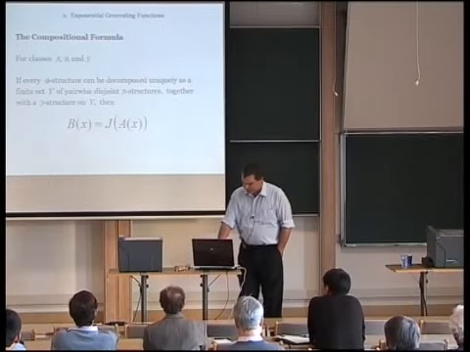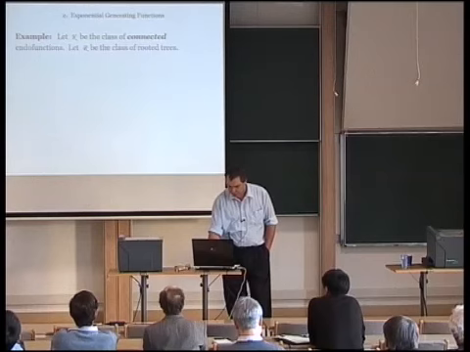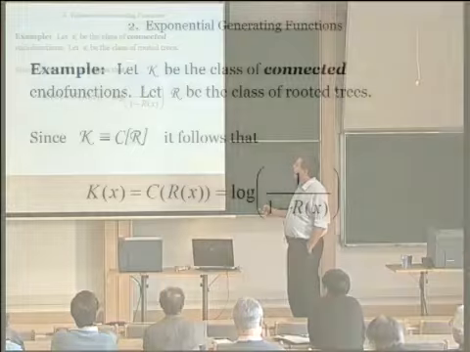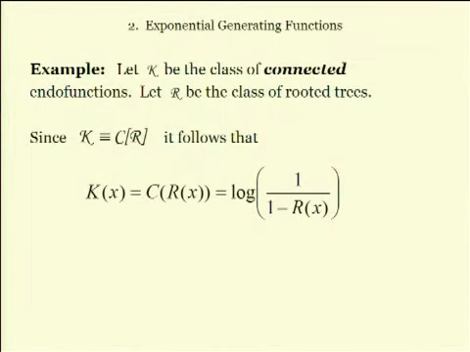And this was the relation between rooted trees and connected endofunctions. If K is the class of connected endofunctions and R is the class of rooted trees, a connected endofunction is equivalent to a cyclic permutation of rooted trees. And so you get this equation on their exponential generating functions. You just substitute the generating function for rooted trees into the generating function for cyclic permutations.